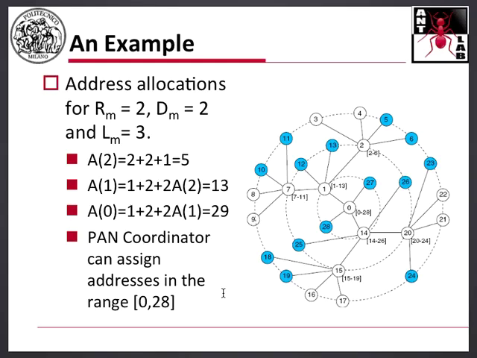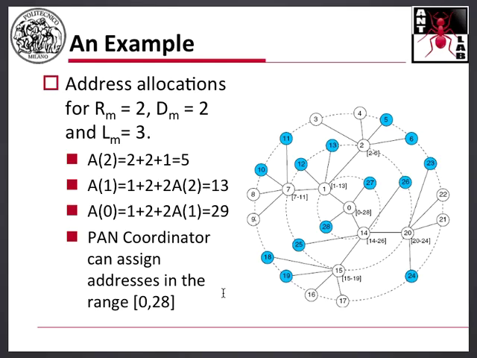So in formula, A of 1 is one address for the router itself, plus 2 addresses for the 2 end devices which are children of this guy, plus all the addresses which are needed by all the ZigBee routers, which is 2, which are at the lower layer, which is A of 2. So in total, we need to have 13 addresses assigned to this guy. Clear? Then, if you iterate the same stuff, you go up to A0.